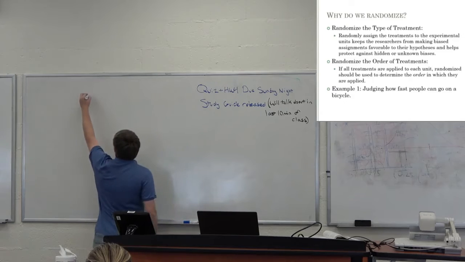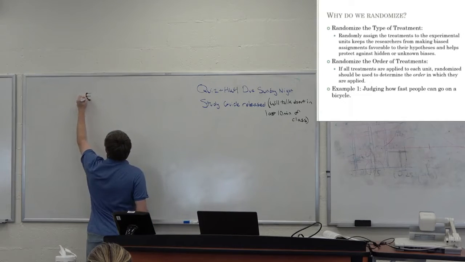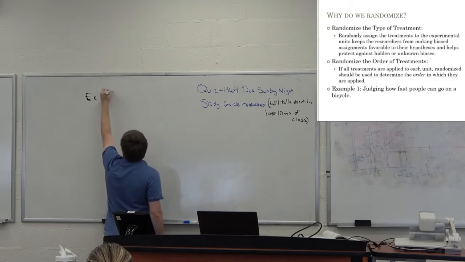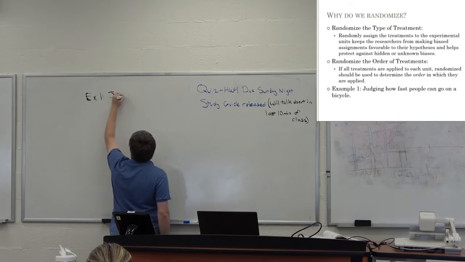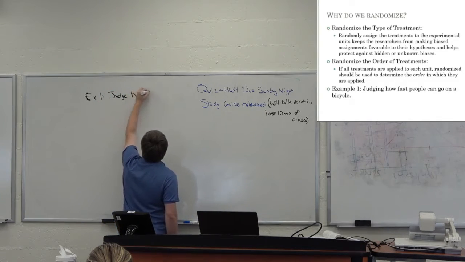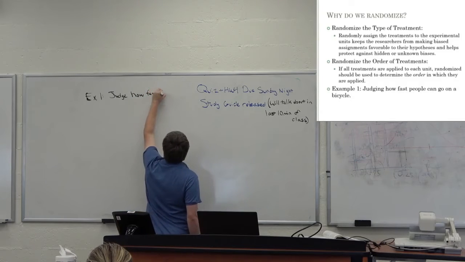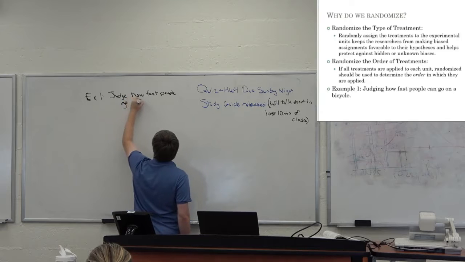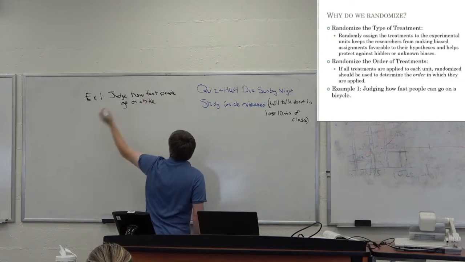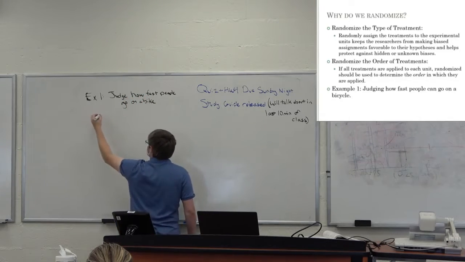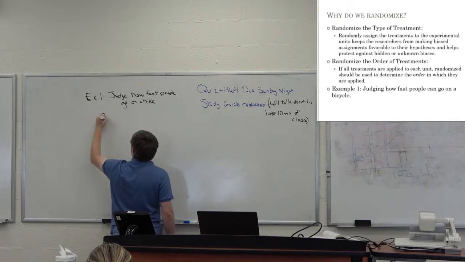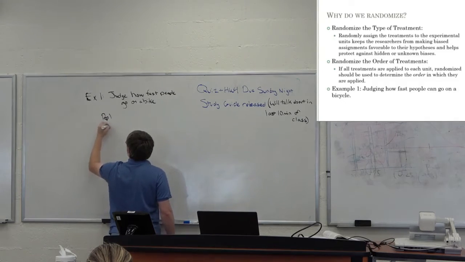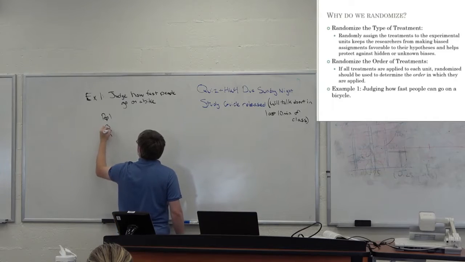So example 1 is we want to judge how fast people can go on a bike. Suppose I have one small population that is very fit.